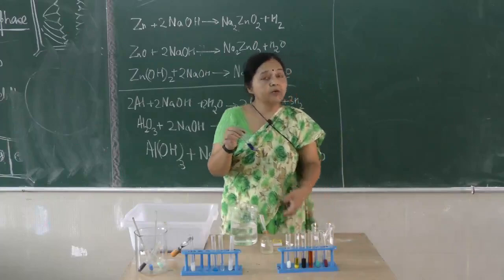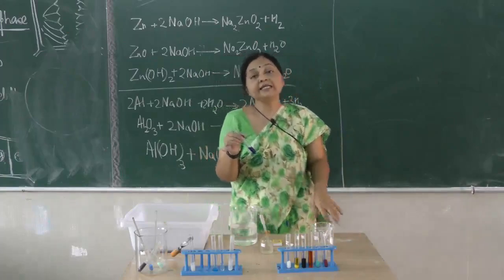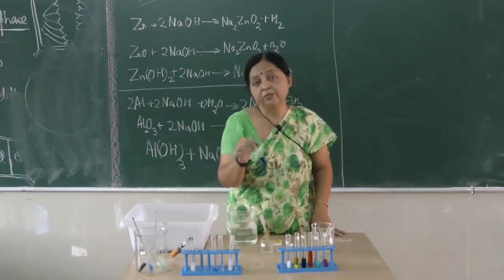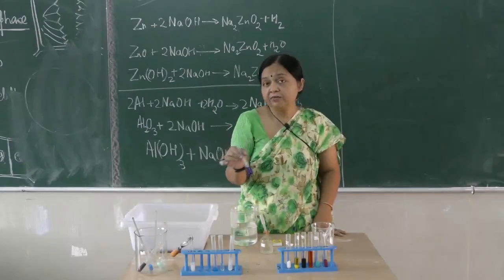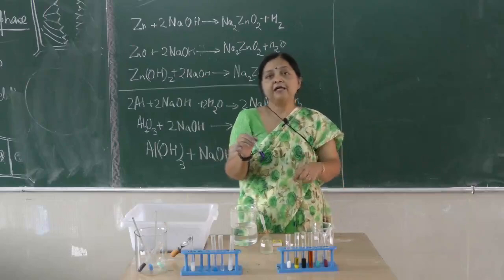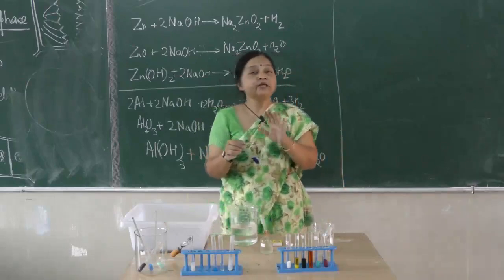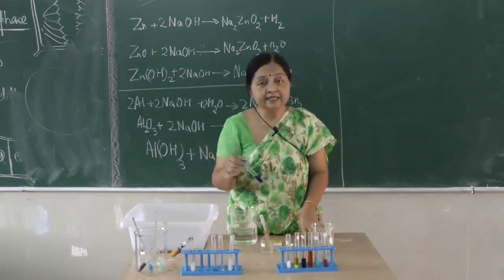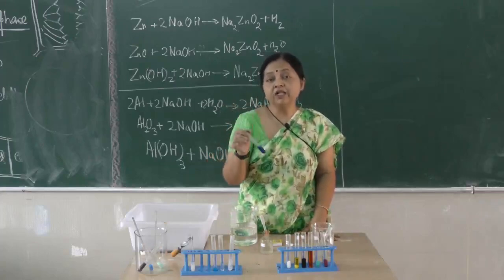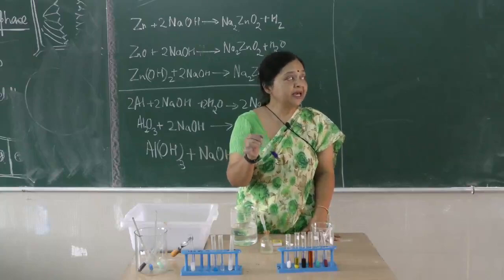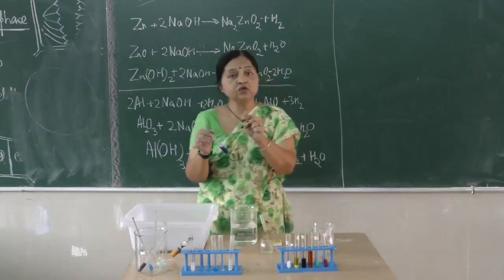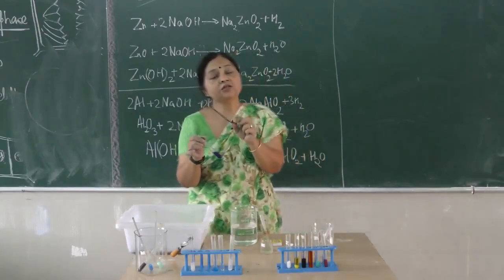If you are asked in the question what happens when excess of NH4OH is added to copper sulfate solution or to cupric ions, the answer is not a pale blue precipitate. You will write that when we add a few drops, we get a pale blue precipitate. On adding excess, the precipitate dissolves and inky blue solution is formed. Please pay emphasis to the word precipitate and to the color.